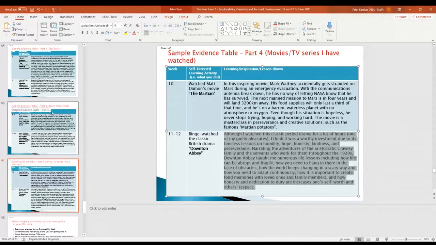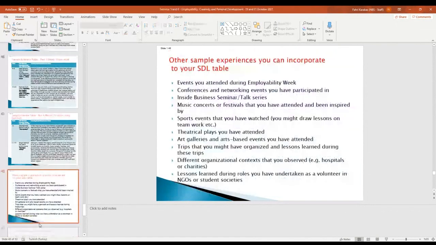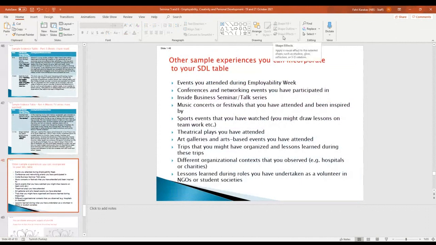Looking at these examples, I want you to find your own examples and populate the table now. You can choose events you attend during the employability week, inside business talks, seminars, anything that you attended at UEA. UEA has amazing events this semester. You can just follow them.